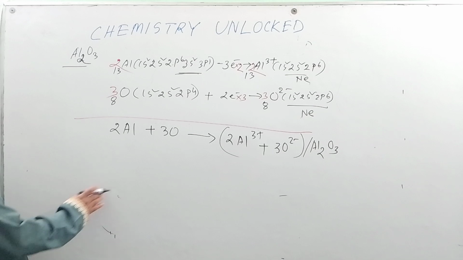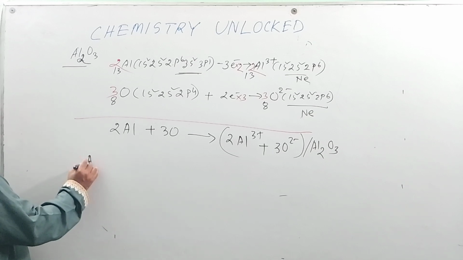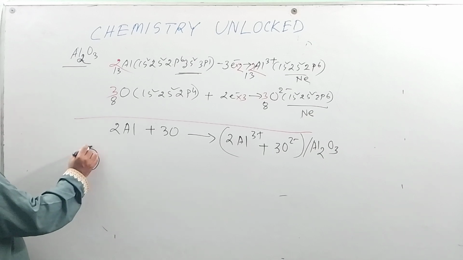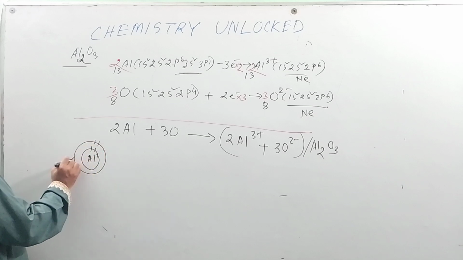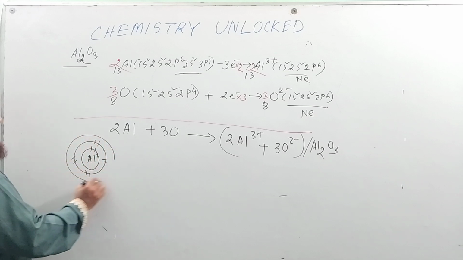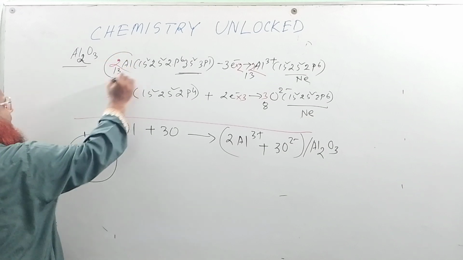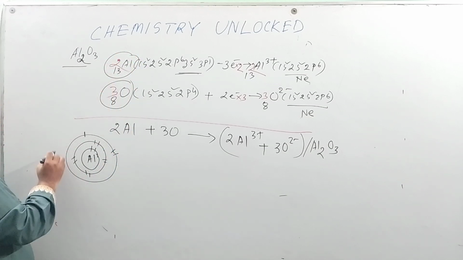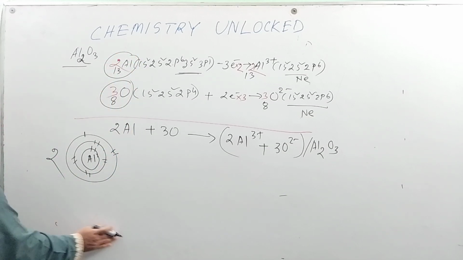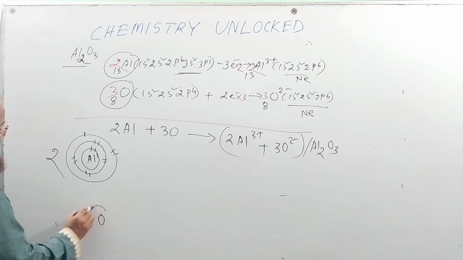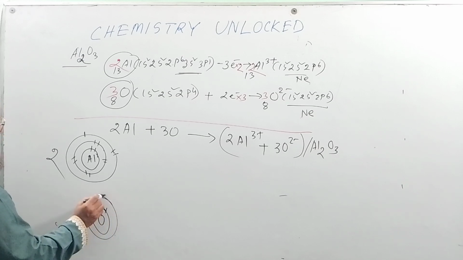Now try to understand the diagram, that is the orbit diagram: first orbit, second orbit, and then third orbit. So 2 aluminium and 3 oxygen are required.